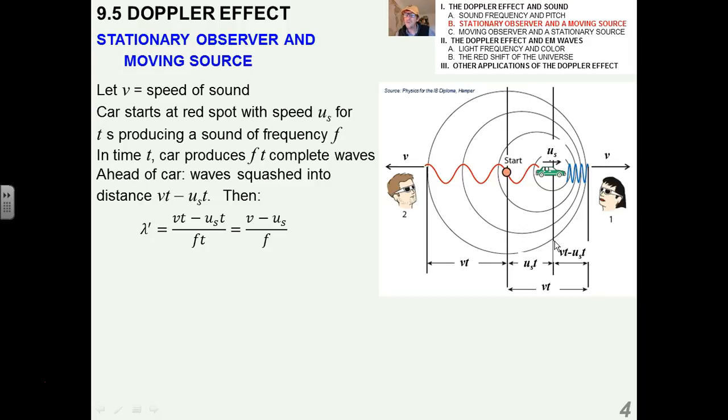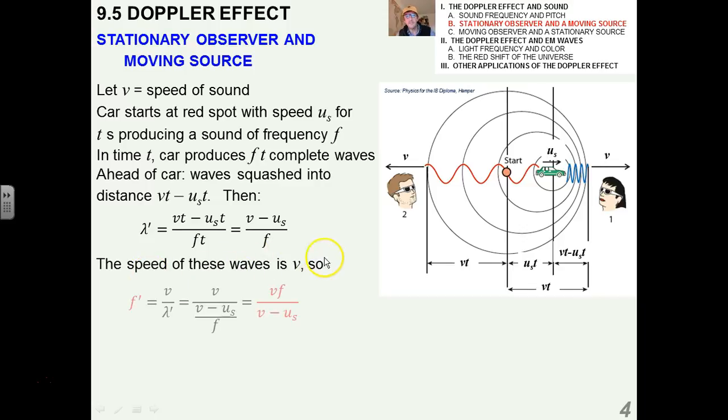Then if we consider the wavelengths, I'm going to call lambda prime the actual wavelength that the woman over here is hearing. It is going to be (vt minus ut) all over ft. The t's cancel, and you get (v minus u_s) over f, okay?